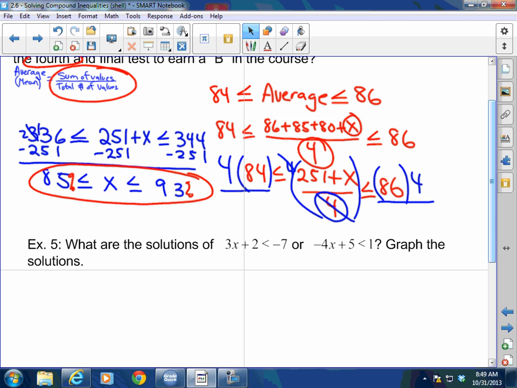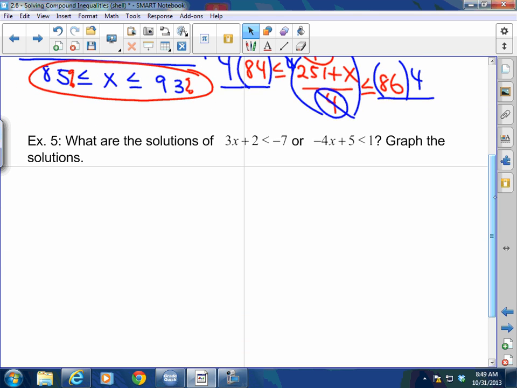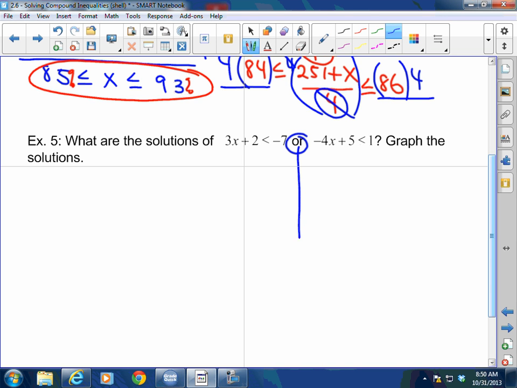You understand this? Okay? Next, what are the solutions if 3x plus 2 is less than negative 7 or negative 4x plus 5 is less than 1? In this case, since you have an or, they want you to separately solve them. So I'm going to subtract 2 to both sides. 3x is less than negative 9. Divide by 3.